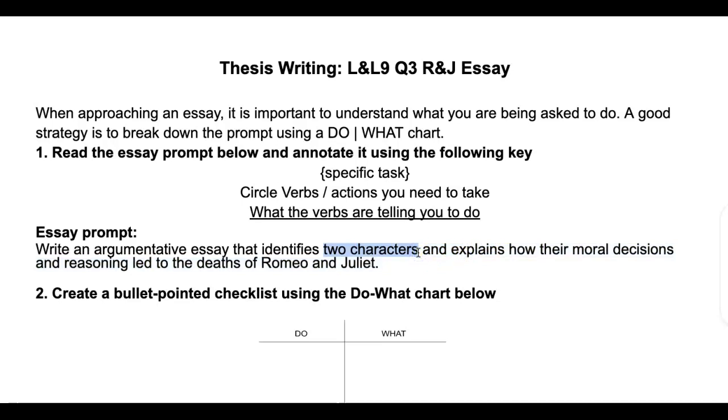So you're going to identify two characters from Romeo and Juliet. And then we've got the circle around explains, so you're going to underline how their moral decisions and reasoning led to the deaths of Romeo and Juliet.